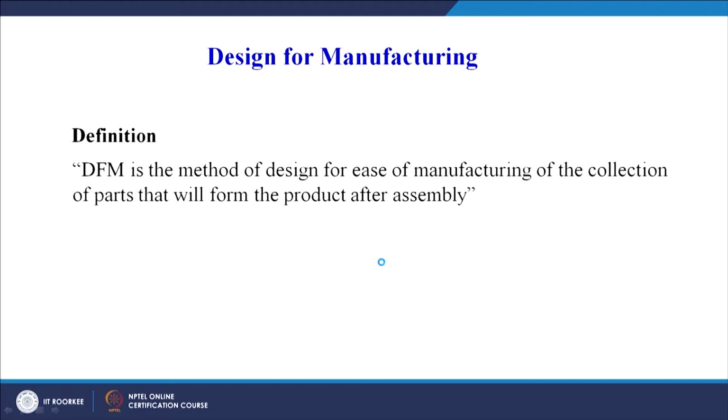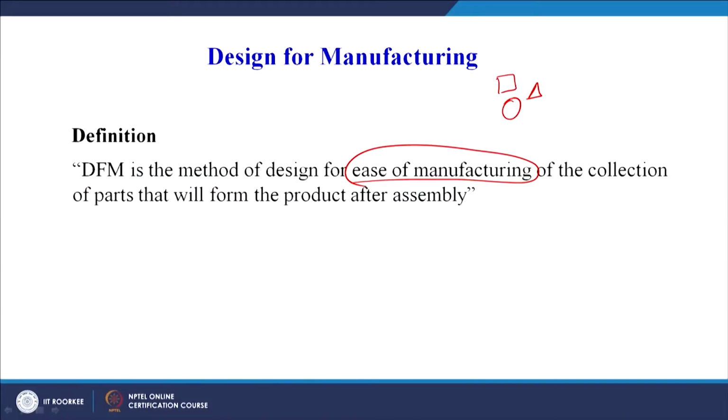Now let us quickly try to understand design for manufacturing. DFM is the method of design for ease of manufacturing. We have to ensure that we are able to easily manufacture the product from a collection of parts that will form the product after assembly. So we have to ensure the ease of manufacturing of the individual parts. For example, there are 3 parts that have to be assembled together to make a product.